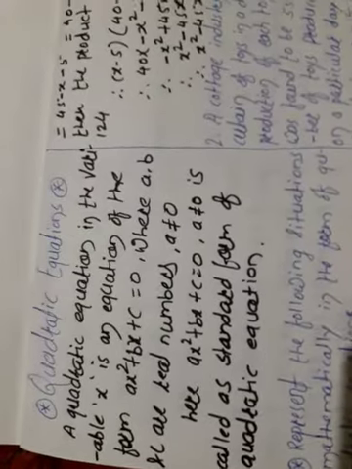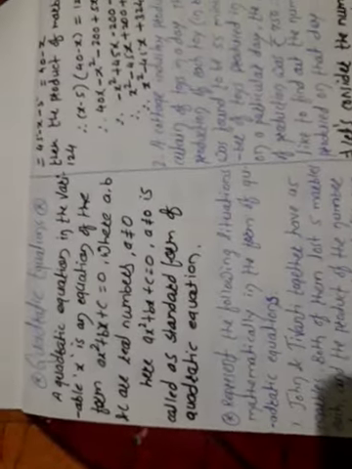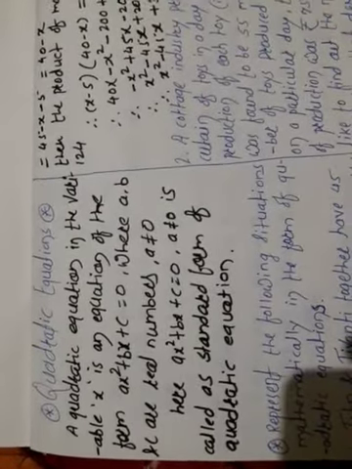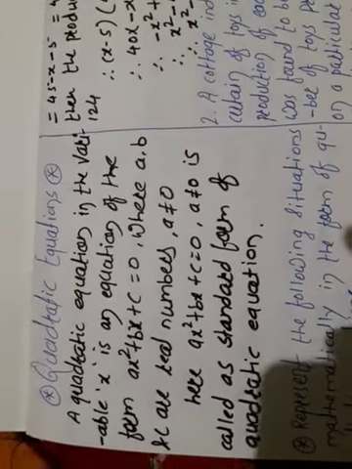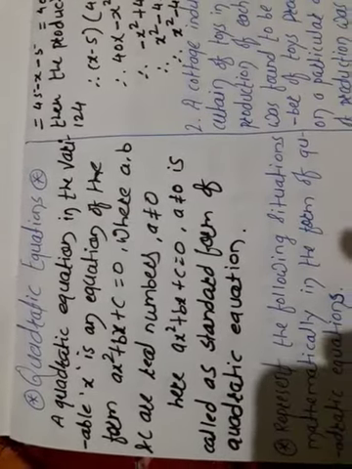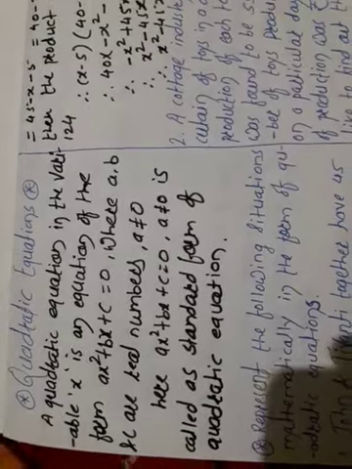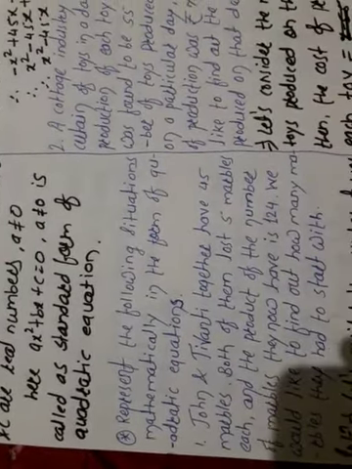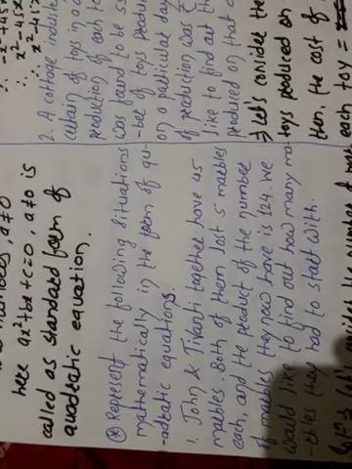Listen here. In today's lecture, first of all I will show you the notes, what to write in the notes. Look and try to understand. In today's video, I have shown you first of all the concept of quadratic equation. In this concept I told you what is meant by quadratic equation, then the standard form of quadratic equation. Then the next point we started: represent the following situations mathematically in the form of quadratic equations.